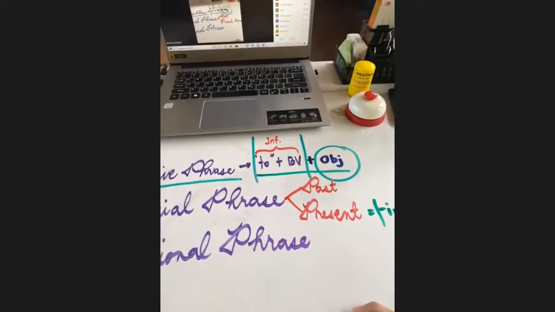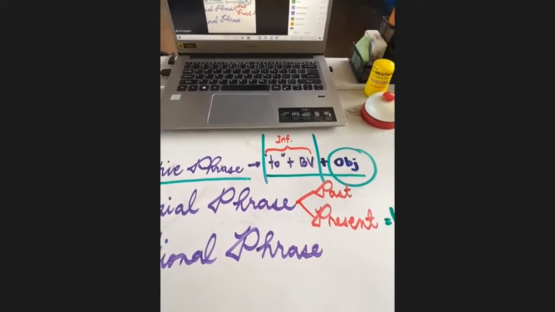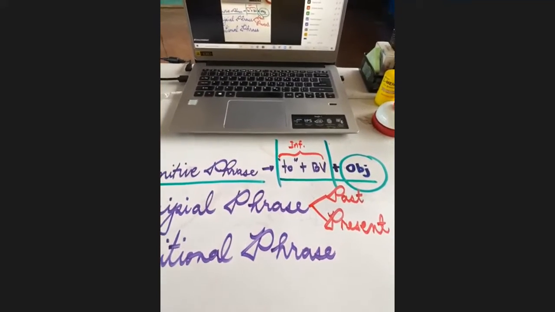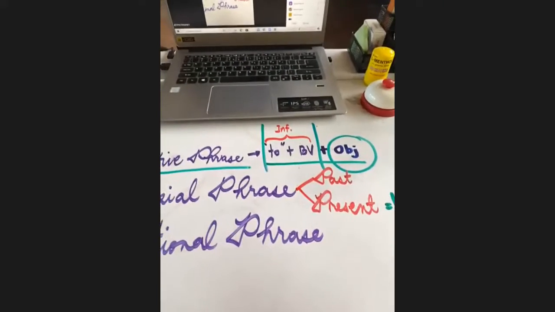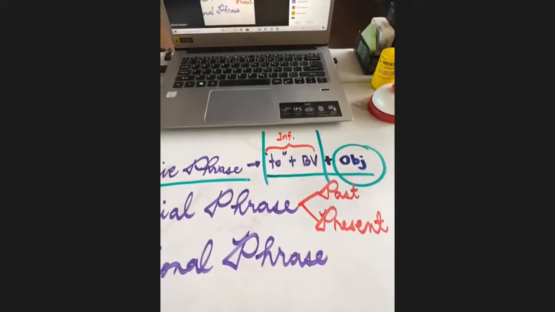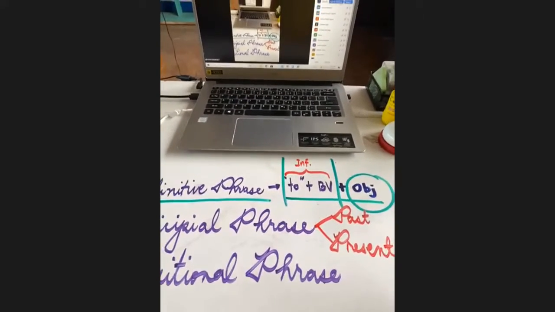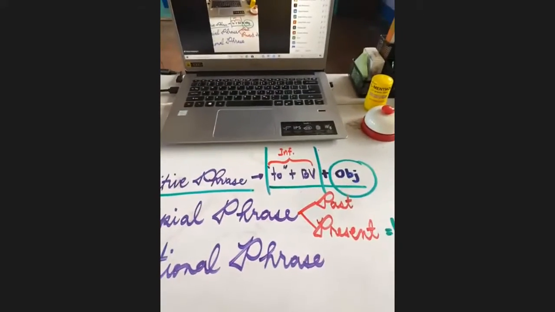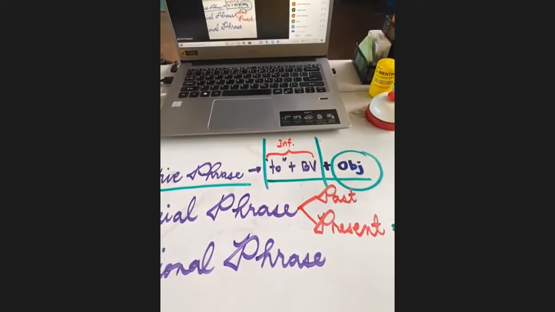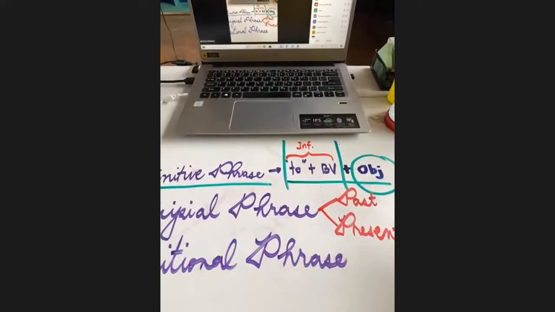Regular past participles end in D or ED, like talk. Simple past is talked. Past participle form is talked. Let's go with bake. Simple past form is baked. Past participle form is baked. It remains to be the same.